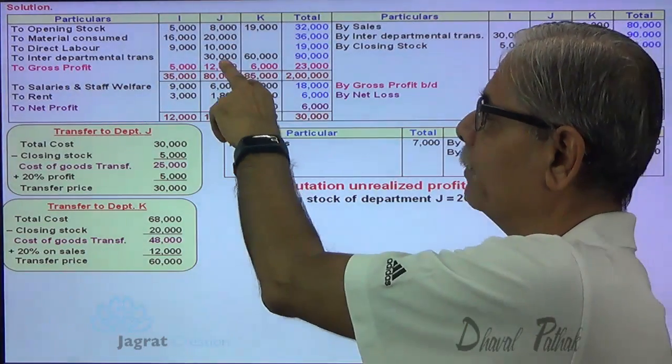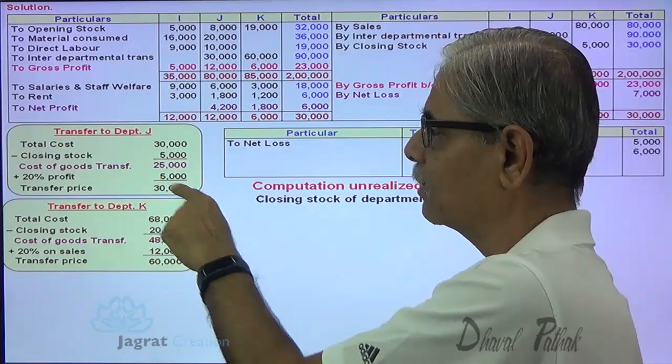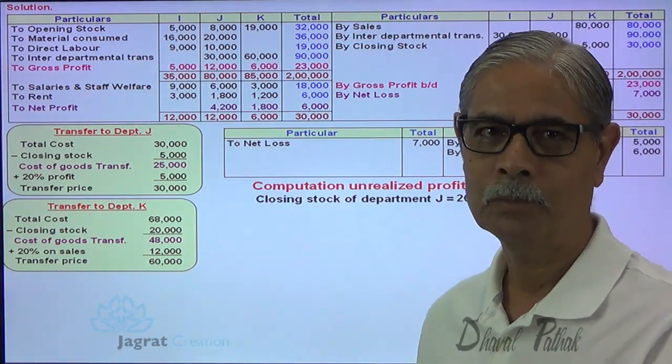How much is the profit element in this 30,000? In this 30,000, the profit element is 5,000.